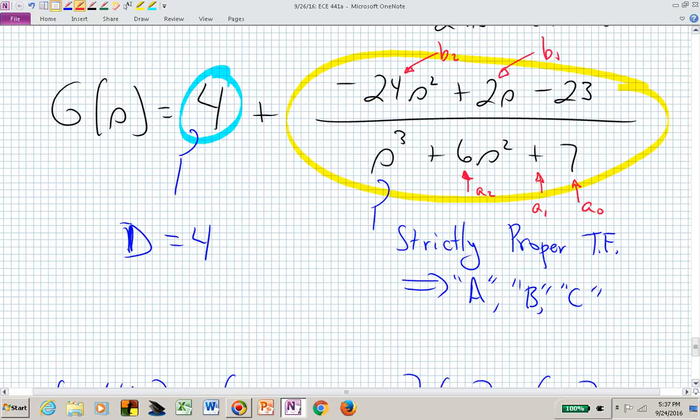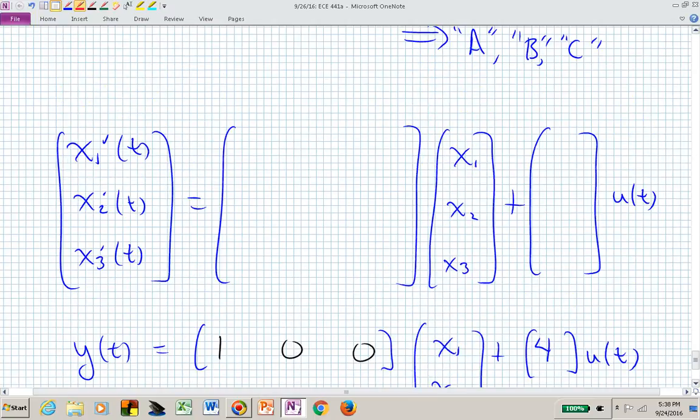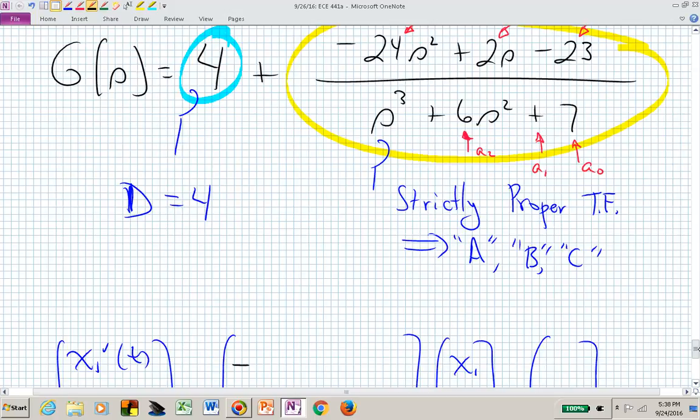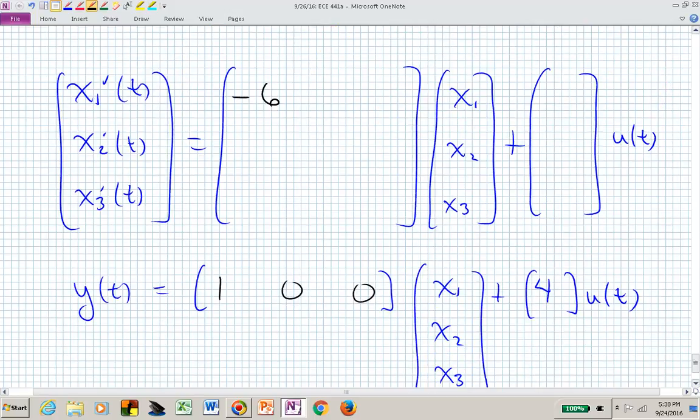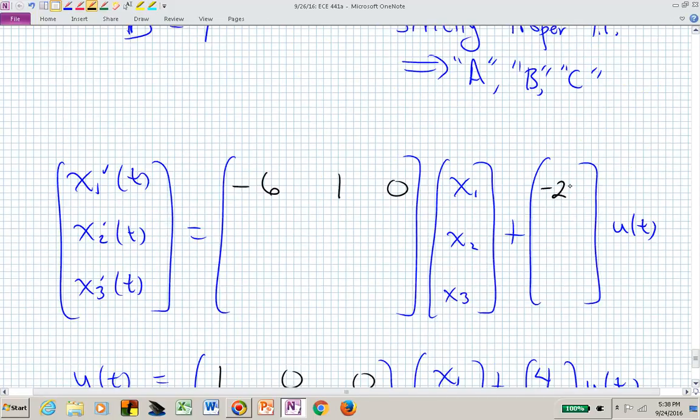Here's b1, and here is b sub 0, which means we can now write down a sub 2 with a minus sign in the 1,1 entry. We now have minus whatever that was, which was 6. And we have x sub 1, 0, 0, and b sub 2 is minus 24.